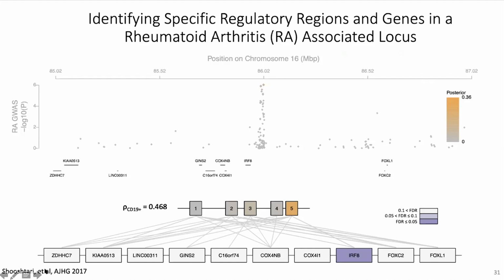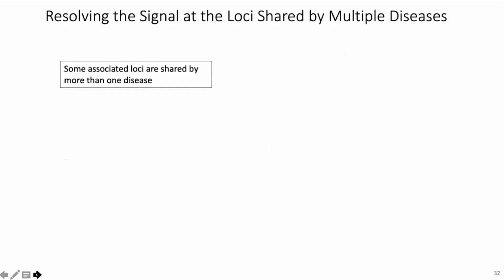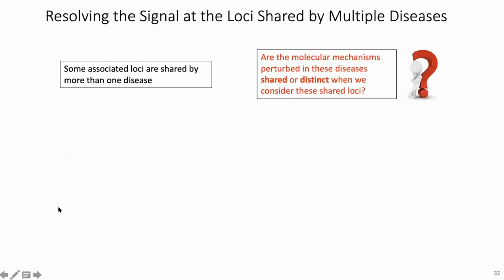There are several examples of this kind in our publication. I'm just showing you one more example, which is about the regions that are shared by multiple diseases. So some associated loci are shared by more than 1 disease, and there's always this question of whether the mechanisms underlying these diseases are the same or different.